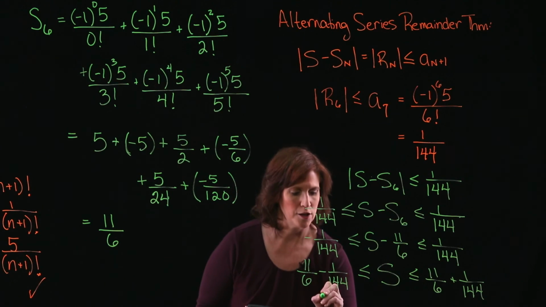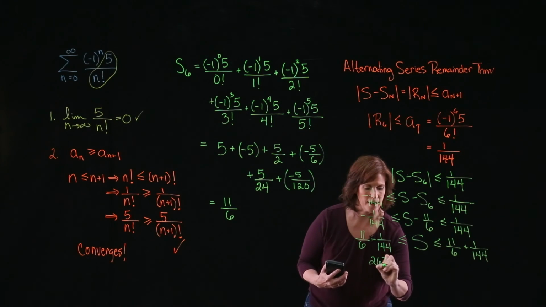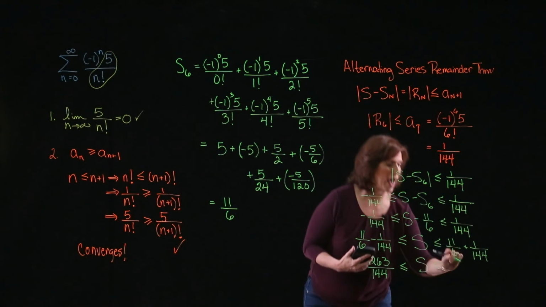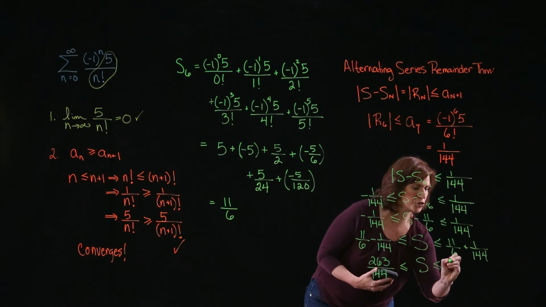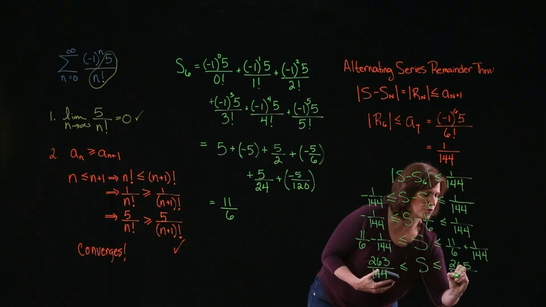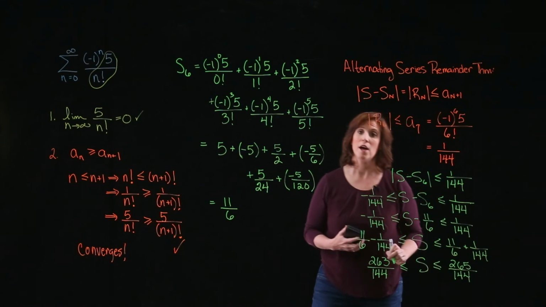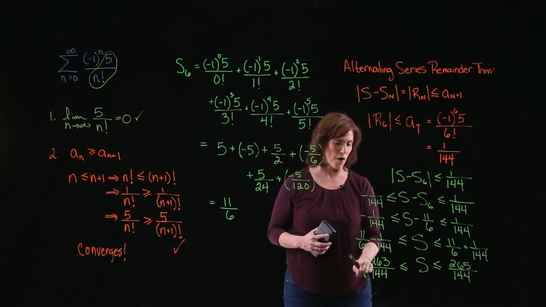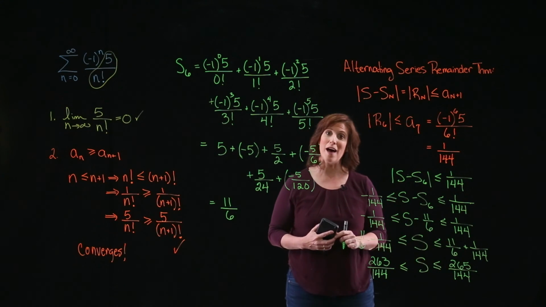So this reduces to 263 all over 144. And over here, we're going to have 265 all over 144. So I know that the actual sum to this infinite series is somewhere between those two values.